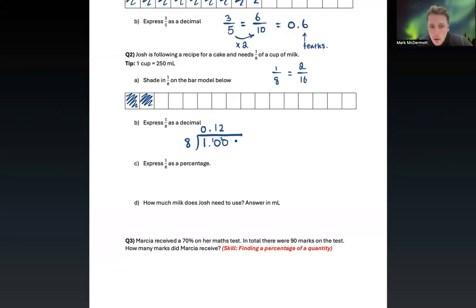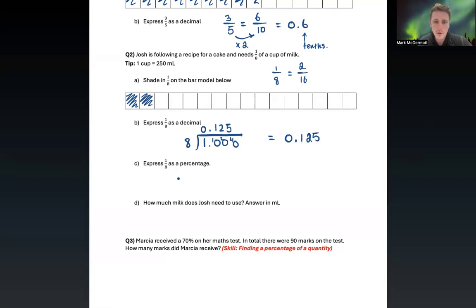It goes in 0, 0 there, and then it goes in 4 times, and then 8 goes into 40 5 times. So 1/8 is, hopefully you realize, equal to 0.125 as a decimal.